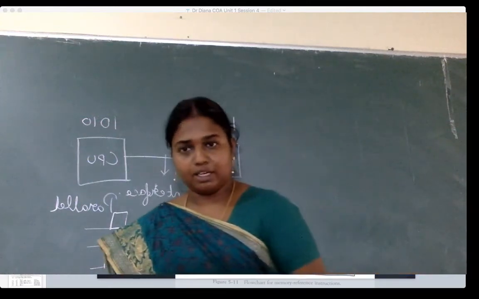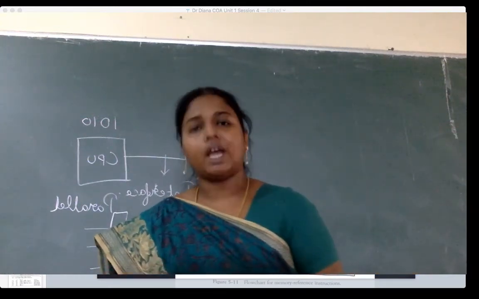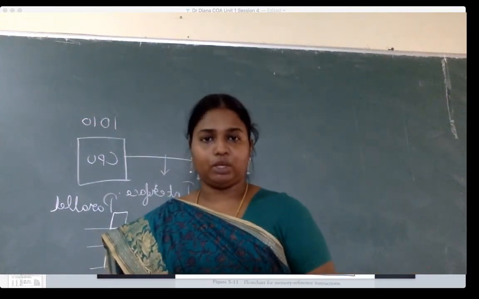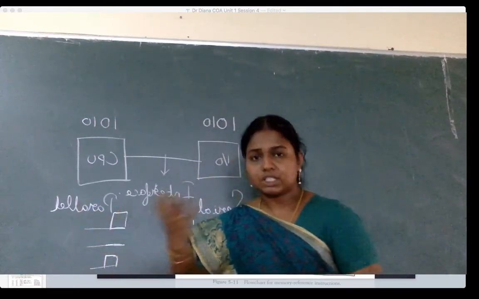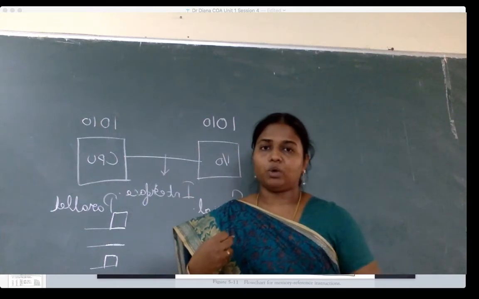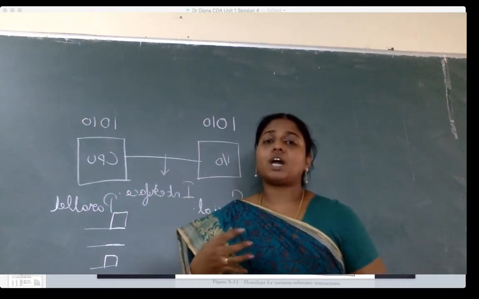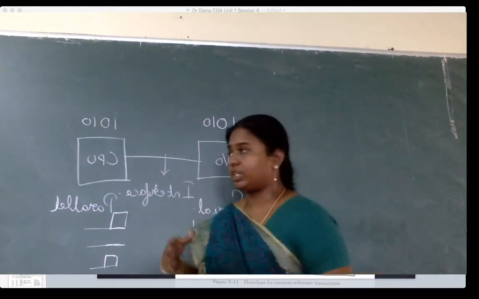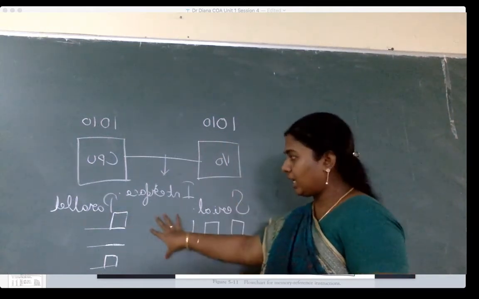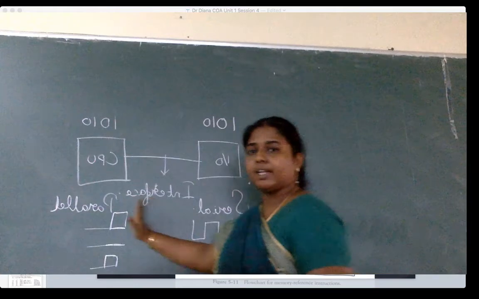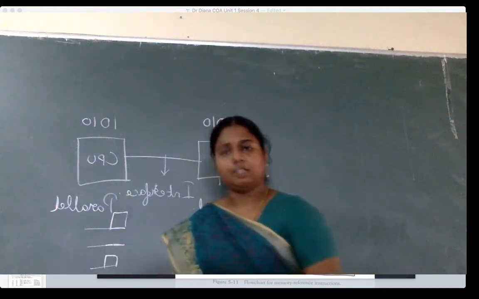The CPU is a parallel communication device and all IO devices are serial communication devices. So when the CPU tries to take some data from an IO device, it has to convert that serial information, which it receives bit by bit. It should consolidate that data and send it parallelly inside the computer.